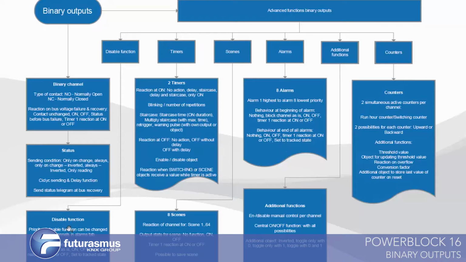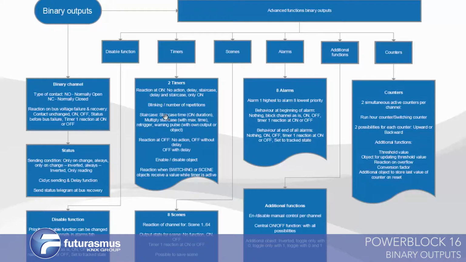And the disable function, as I said, you can also decide what should happen if it goes away, with the same behavior. Then you've got two timers linked to the channel. Afterwards, we will see we also have timers to be used with any other function in the KNX installation. But we have the big advantage of having it already linked to the channel, so you don't need to link it with group addresses at all.